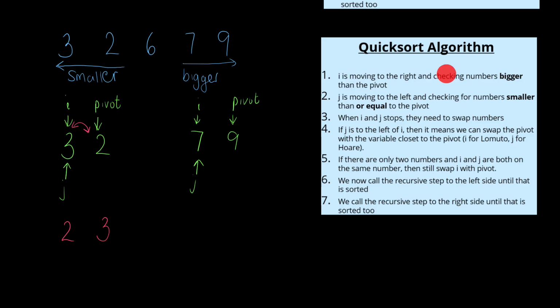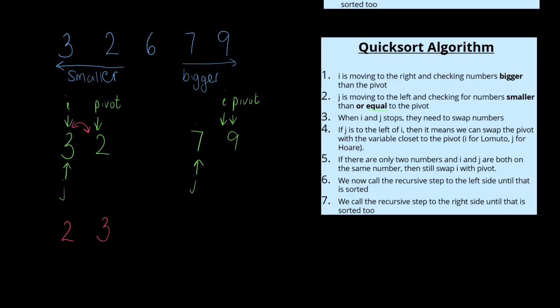I is moving to the right and looking for numbers bigger than the pivot. Well, is 7 bigger than 9? No. So I is going to move. Well, I is equal to the pivot. So 9 is equal to 9, so we can't move further. J can't go anywhere else.